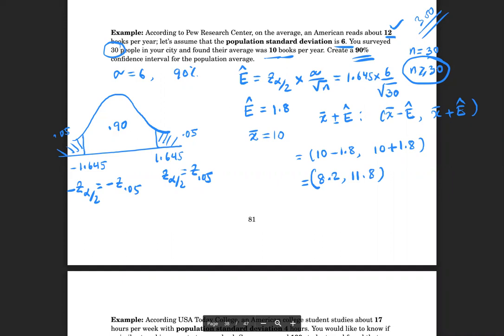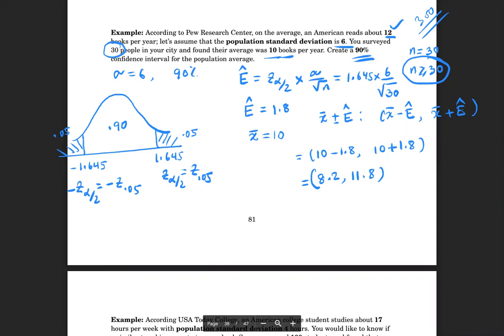That means in the general population, on the average, people study between 8.2 and 11.8 books per year. Okay? And that is based on your calculation.